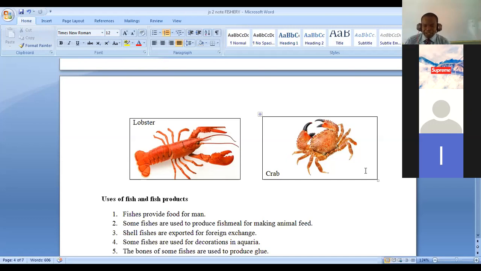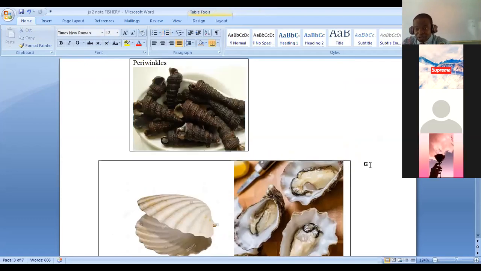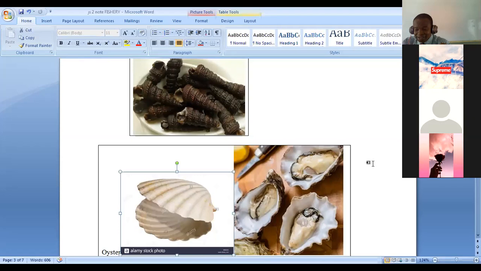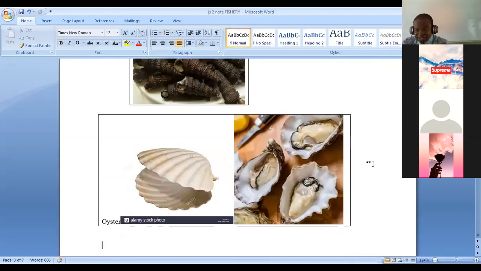Then look at point 3. The shells are exported for foreign exchange. What that means is this. Now, the shells of shellfishes, I told you that there are some fishes we classify as shellfishes. When you are talking about shellfishes, we are talking about these ones: periwinkles, oysters, which I showed you last lesson.